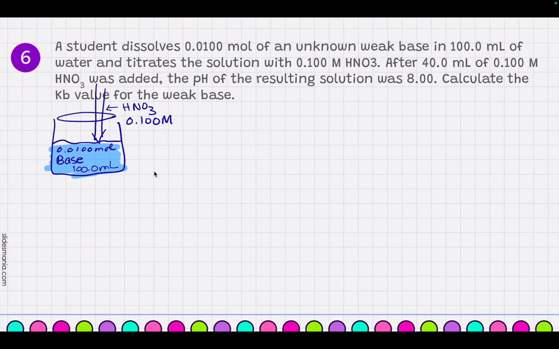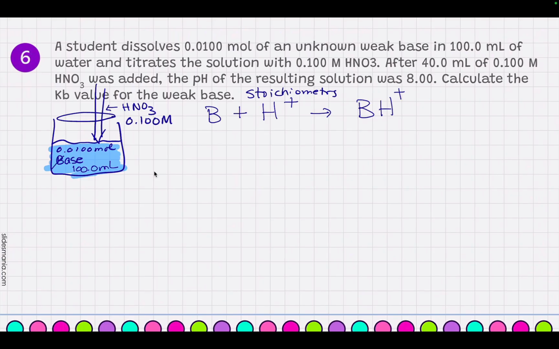There are a couple of ways to do this, but I'm going to say B is my base plus the acid, and that's going to make a conjugate acid. I'm going to do the stoichiometry first. I have 0.01 mole, and I'm going to convert this into millimoles.